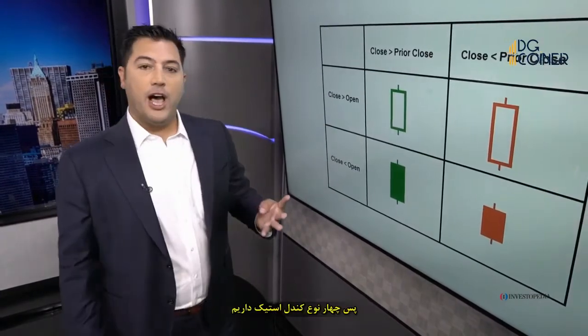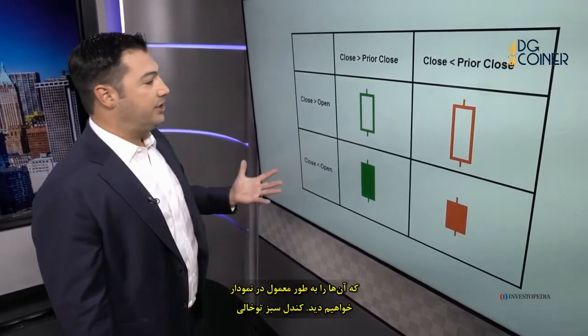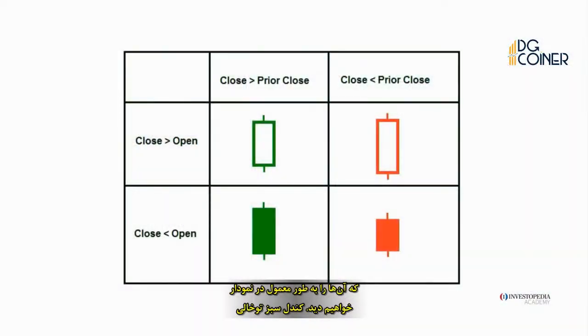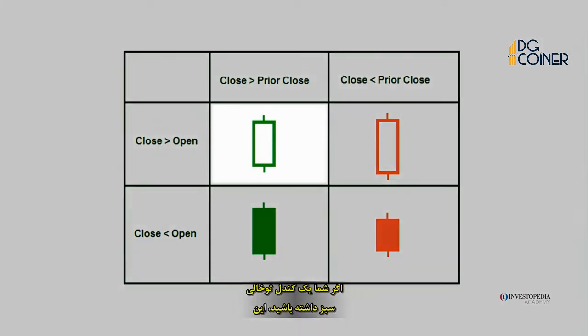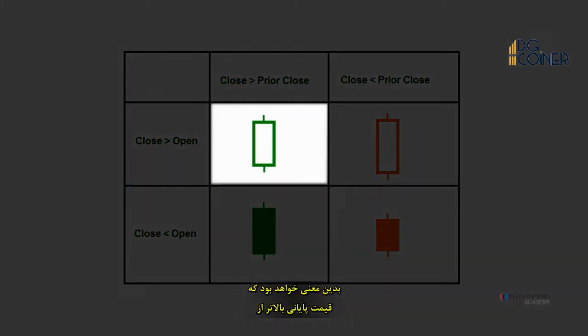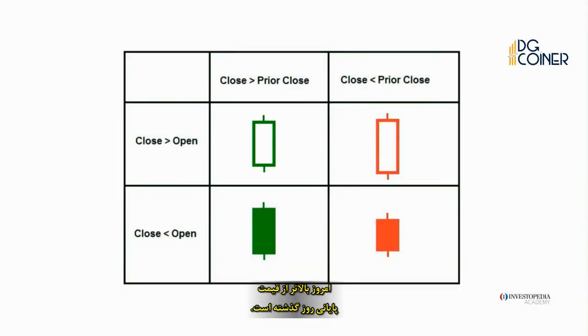So there are four types of candlesticks that we're essentially accustomed to seeing: green hollow ones, red hollow ones, green filled ones, and red filled ones. So let's go over this again. If you have a green hollow candle, that means the close is above the opening price, and the close is also above the prior close.